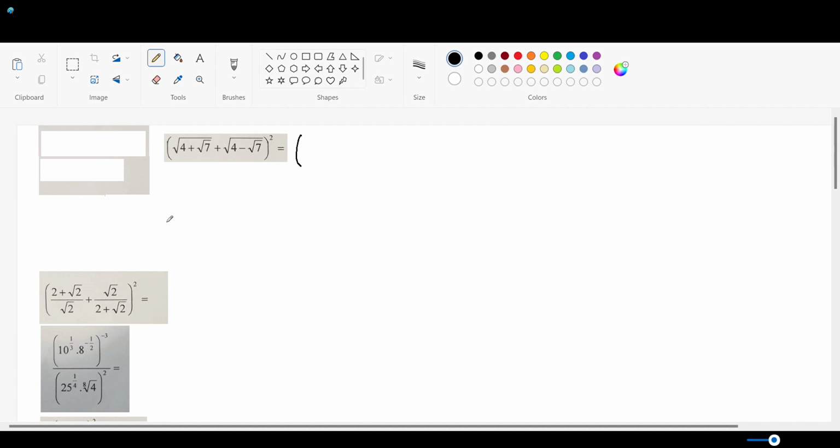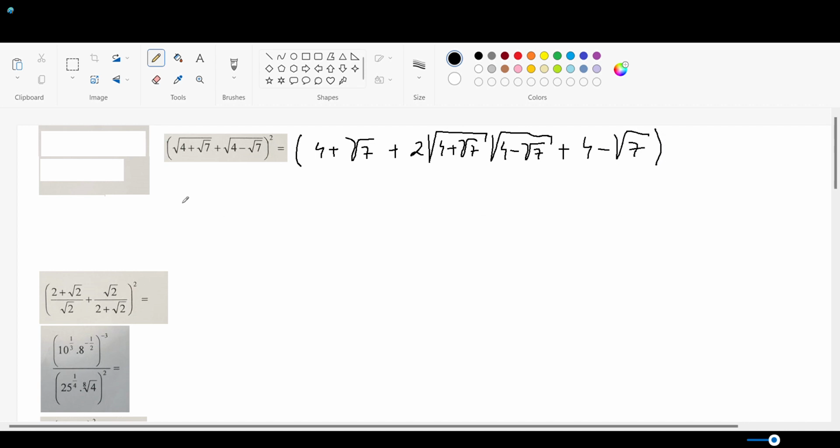Basically this is our a and this is our b, which means a squared is 4 plus square root of 7, plus 2 times square root of 4 plus square root of 7 times square root of 4 minus square root of 7, plus b squared, which means 4 take away square root of 7.